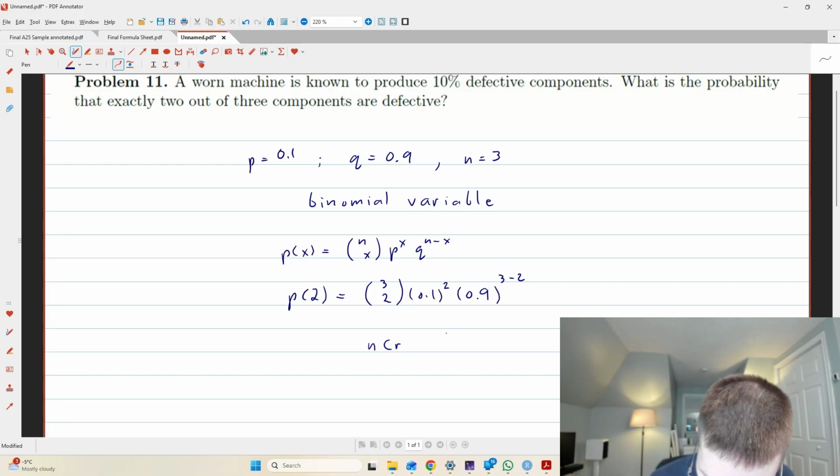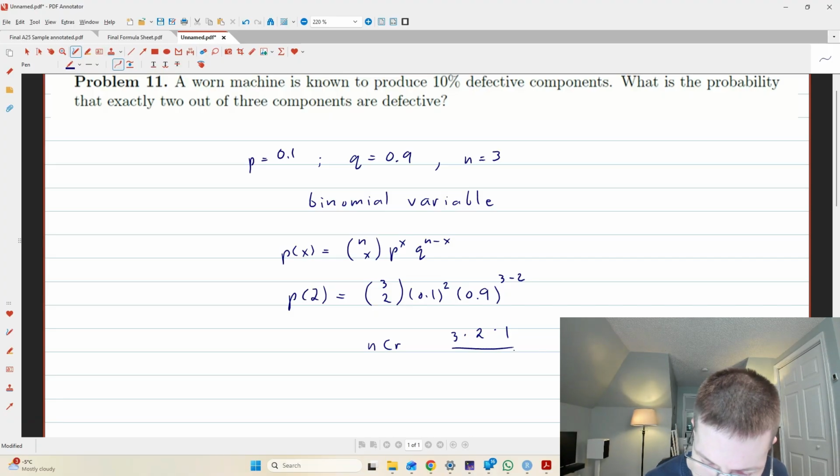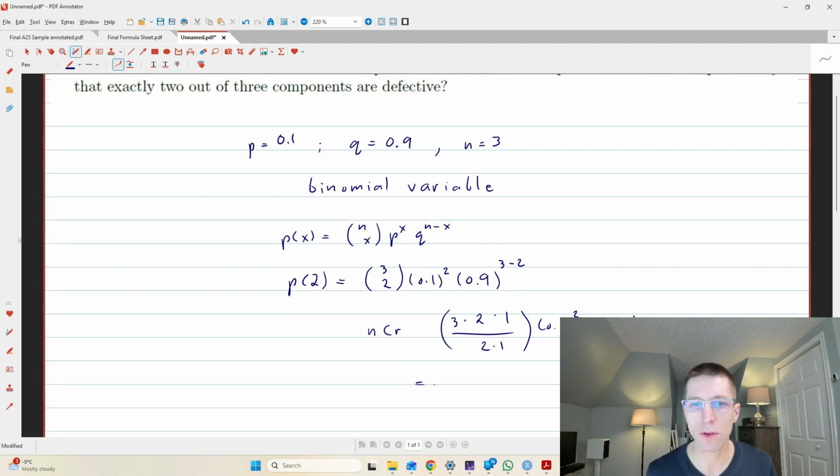So here we've got 3 times 2 times 1, divided by the number of ways that you can arrange two things, which is going to be 2. So that's going to be times 0.1 squared, 0.9 to the 1. That should work out to about 0.027. So if you recognize it's a binomial question, that one should be a pretty quick one to answer.